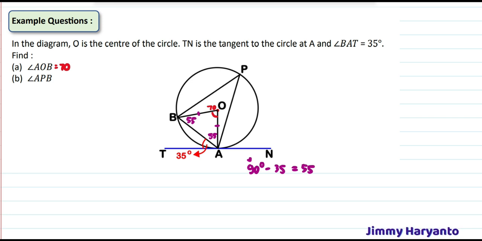To find APB, we can use the angle at the center and the angle at the circumference. It will be half of the center, right? So this one will be half times 70 equals to 35 degree. That means the answer for the second one is 35 degree.